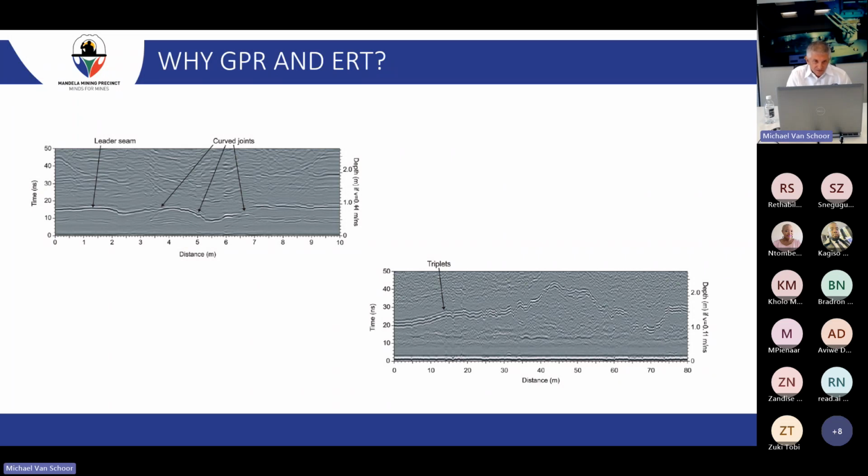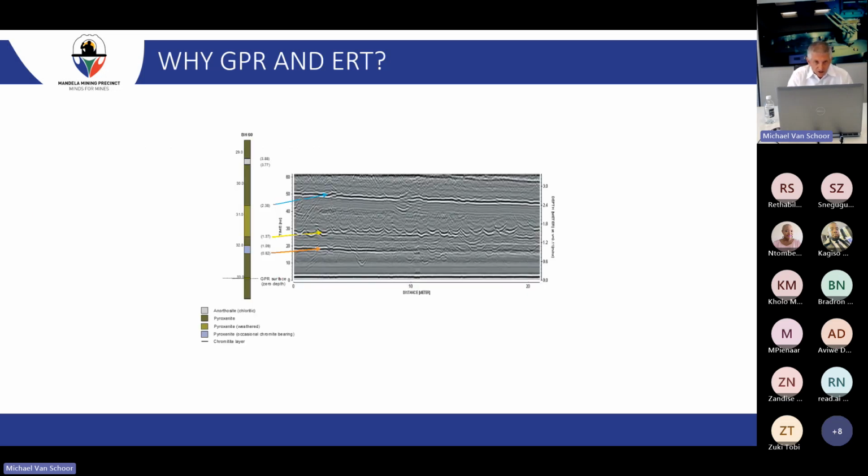These come from the former Platmine Research Collaborative Program. And you can see GPR can, in ideal or good conditions, be used to track chromitite stringers, things like the triplets or the leader seam, and it can also be used to identify hazardous structures like your domes, your curved joints, and so on.